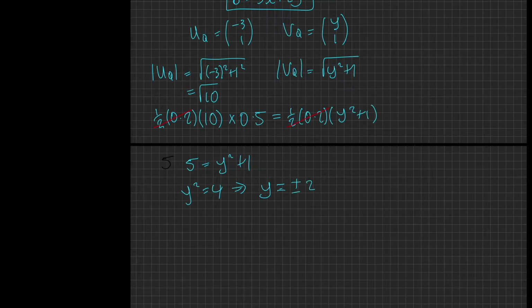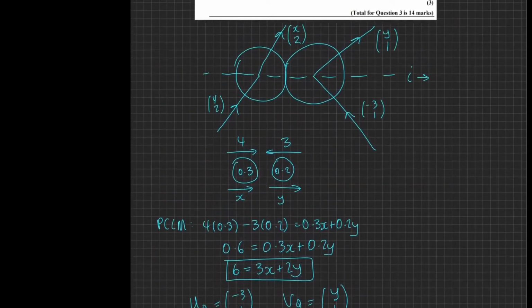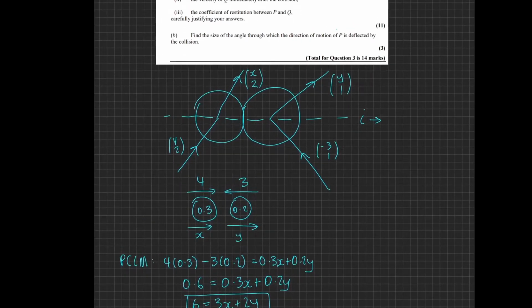However, this is where we need to just use our brain a little bit. If we look here, if y was minus 2, that means this final velocity would actually be going in this direction here. Is that possible? Can Q start moving along the plane in this direction and then just carry on moving in this direction? Well, no, because the spheres would have passed through each other. That's the important thing.